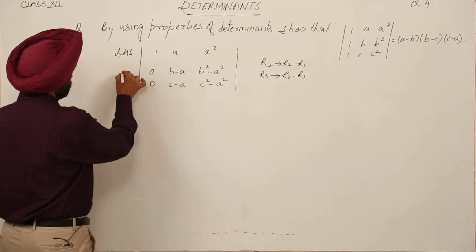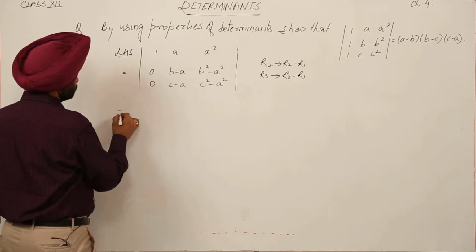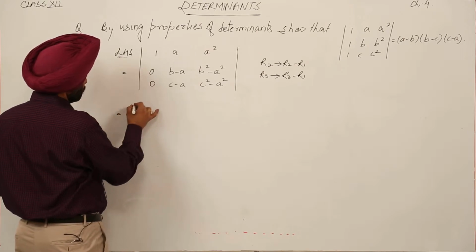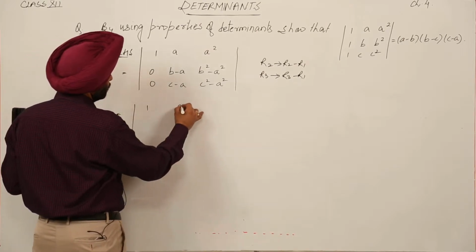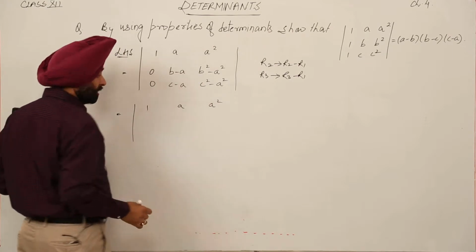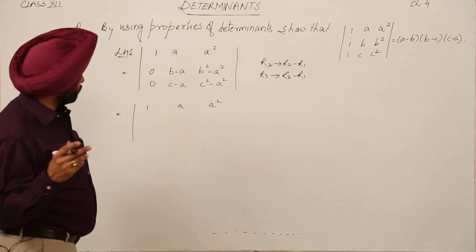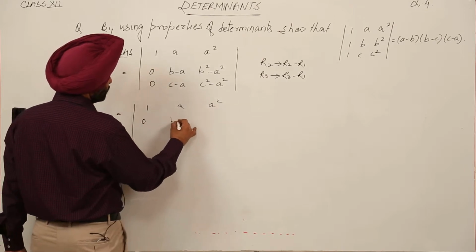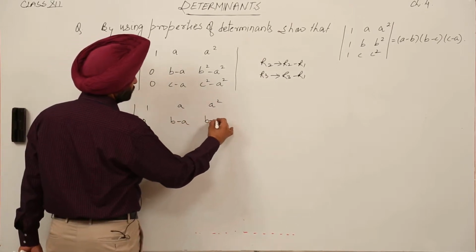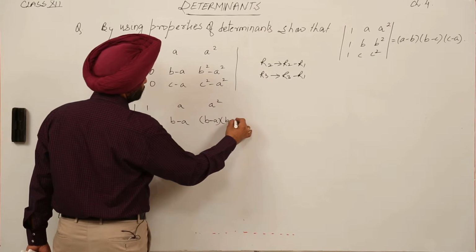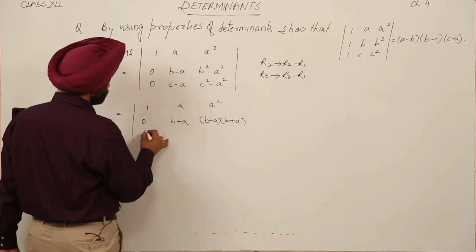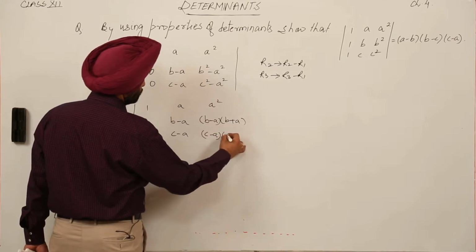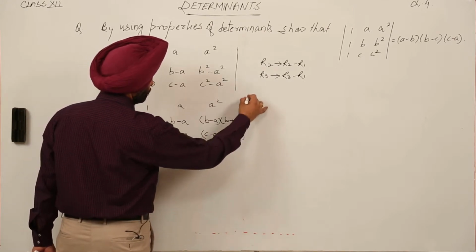Now after this, we can write 1, a, a square. Now I am just putting an identity here: 0, b minus a, b minus a times b plus a, then 0, c minus a, c minus a times c plus a.